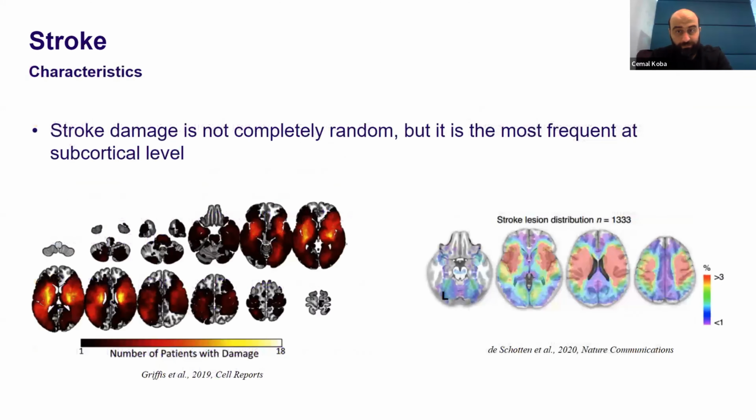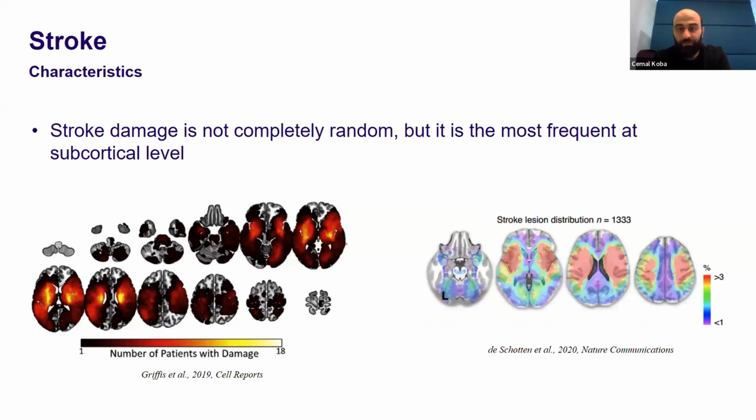However, first, when we check the stroke patients with MRI, we can see that although stroke at first sounds random, actually it is, let's say, pseudo-random. Stroke lesions are concentrated mostly in subcortical areas around basal ganglia and thalamus.